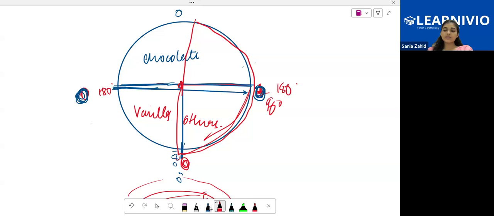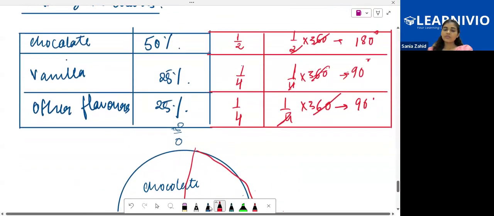Okay, very nice this one. What about you, Amar? Show. Ma'am, vanilla, how many percent? Vanilla was 90 degree. How many percent is 90? 1 by 4, 25%.